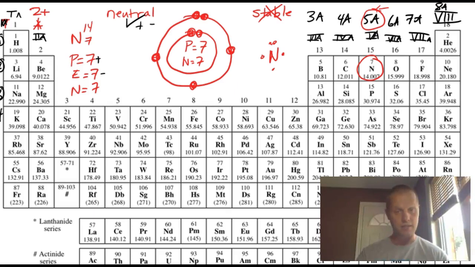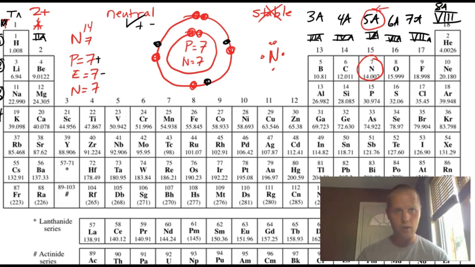The answer is that it's either going to lose or gain electrons. You can't lose protons and neutrons because they're in the middle. Now I could lose these 5, or I could gain 3. What's easier, losing 5 or gaining 3? You want to go with the lower amount either way, so we're going to gain 3 because that's easier. So we're going to put 1 electron right here, 1 electron right here, 1 electron right here.